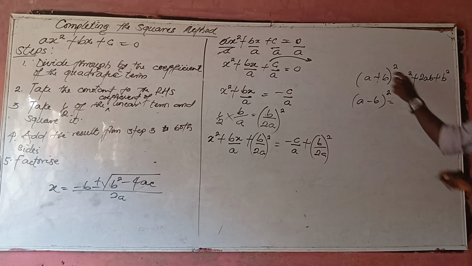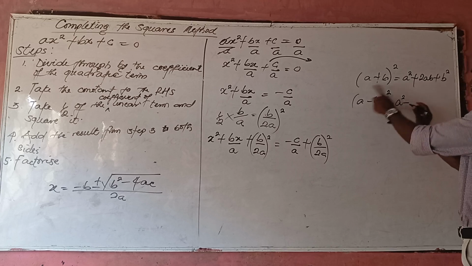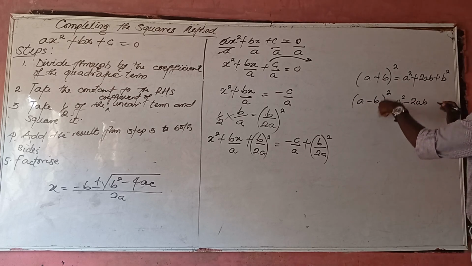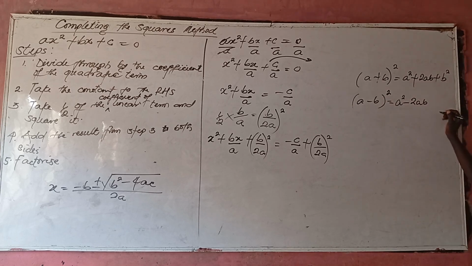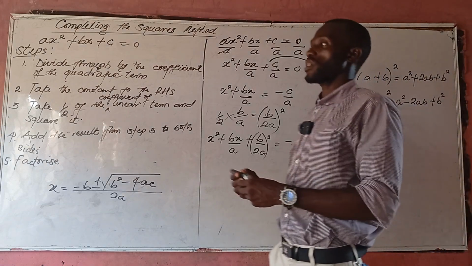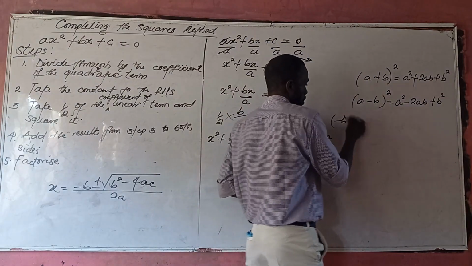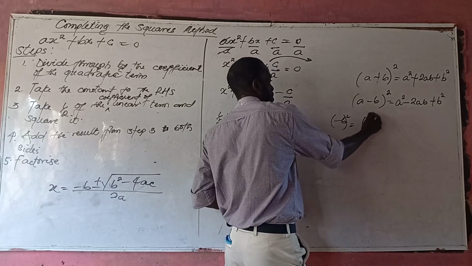For this one, square the first term, a squared, then this time minus 2ab, square this term, plus b squared, because minus b squared will be plus b squared.